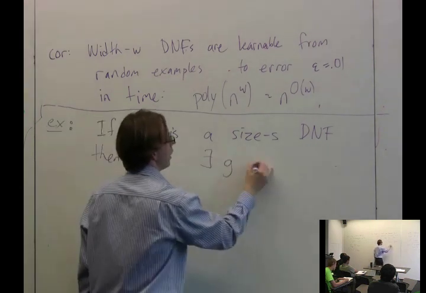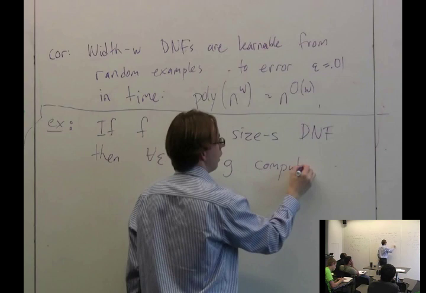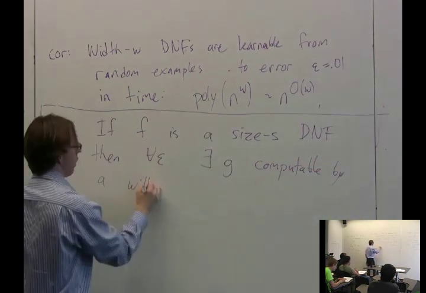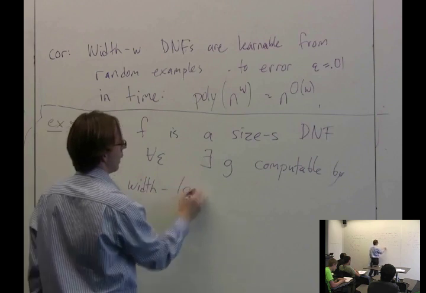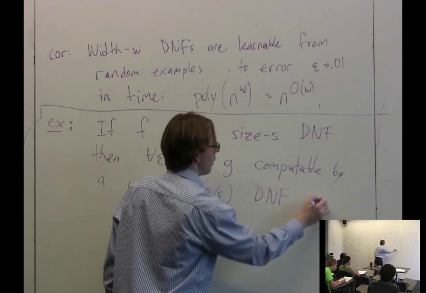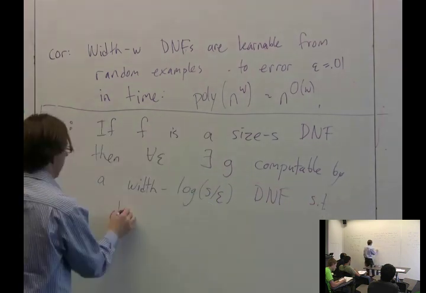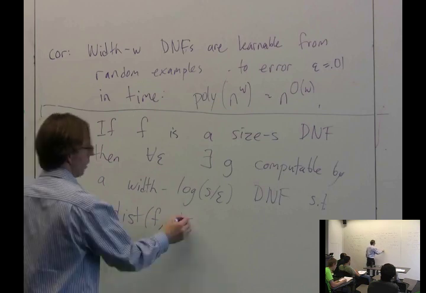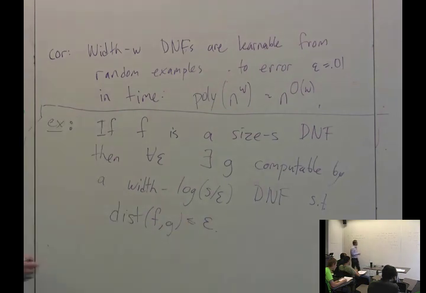There exists g computable by a width log S over epsilon DNF such that f and g disagree on at most an epsilon fraction of inputs.